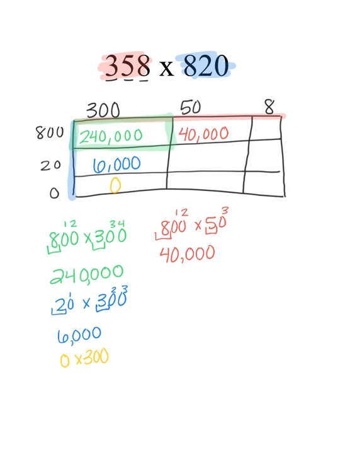Next, I will do 20 times 50. 2 times 5 is 10. And there are 2 zeros. So that becomes 1,000. In the next box, I have 0 times 50. And we already learned that 0 times anything is just 0.